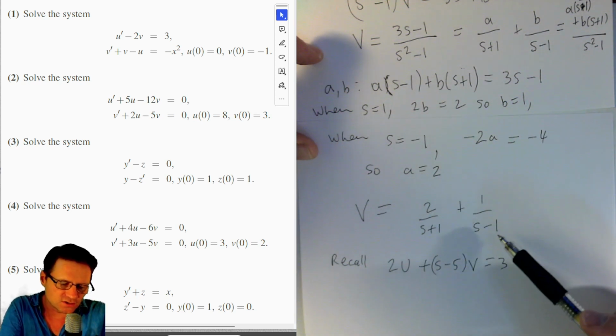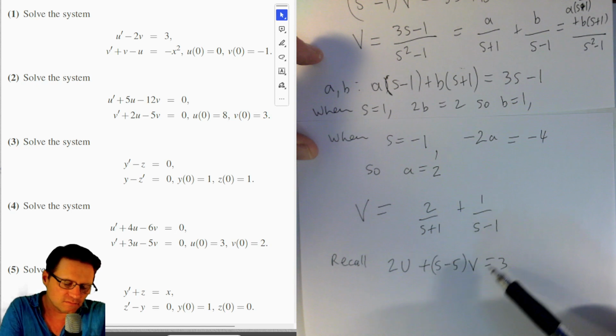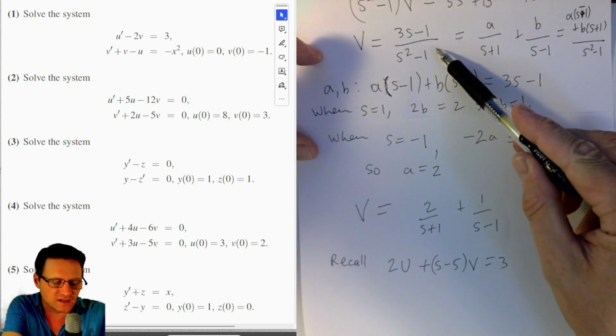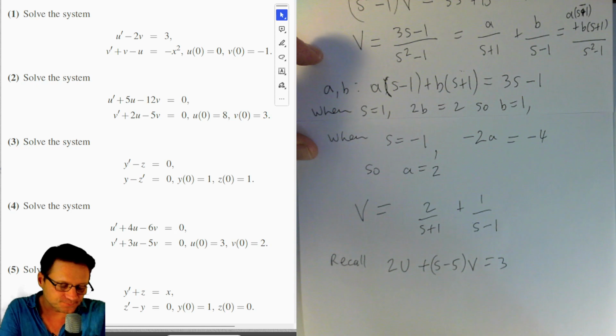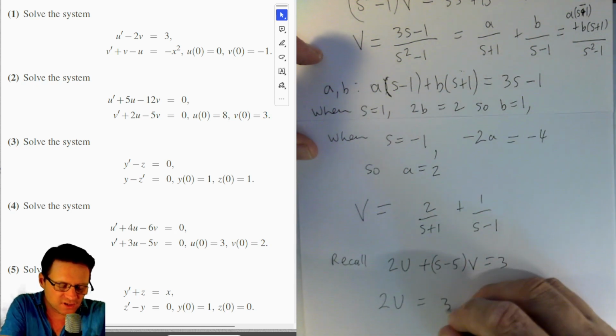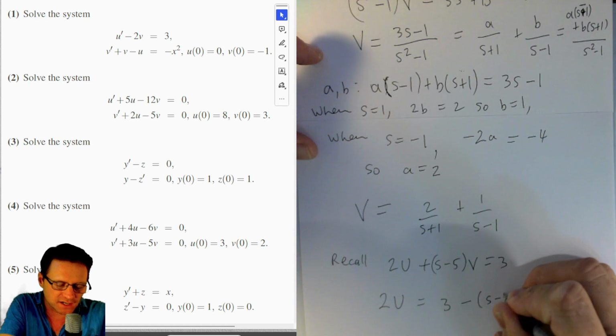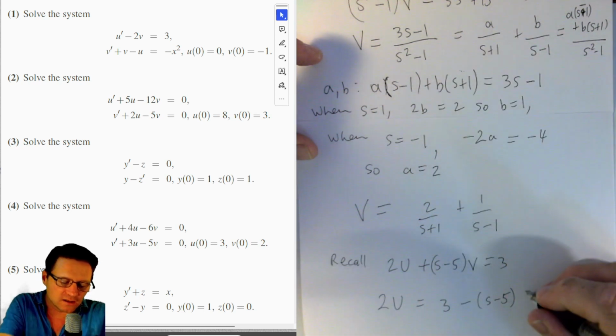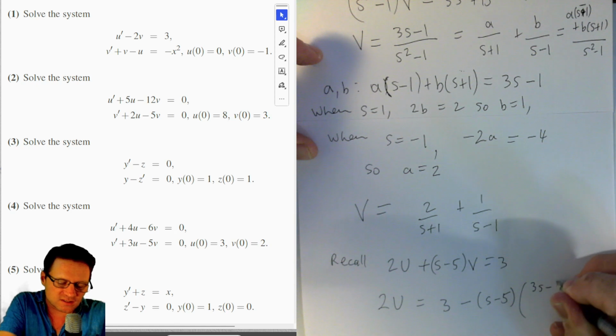So what we want to do is sub this in for the v, but I think we should probably use this form of it to do that. So 2u is equal to 3 minus s minus 5 times v, but v, let's sub in 3s minus 1 over s squared minus 1.